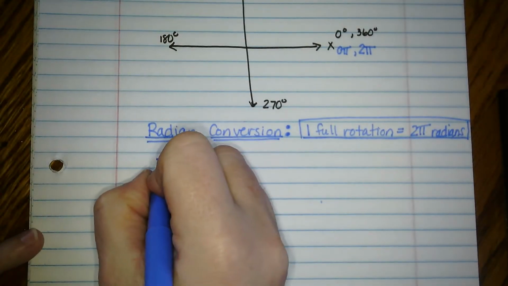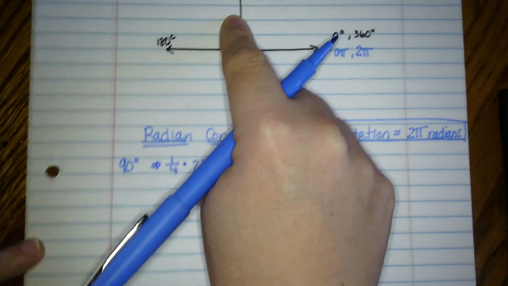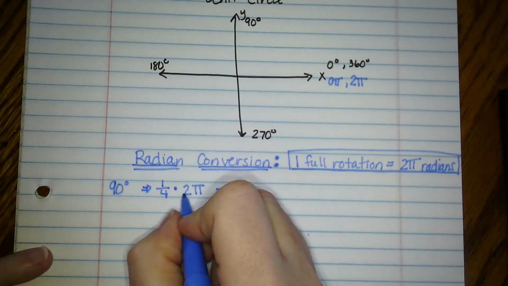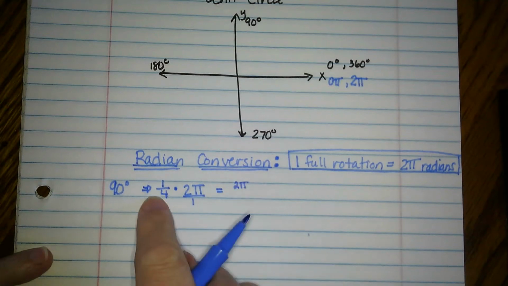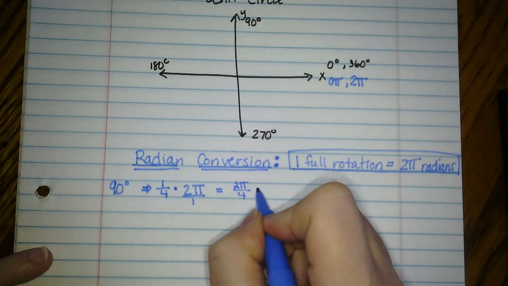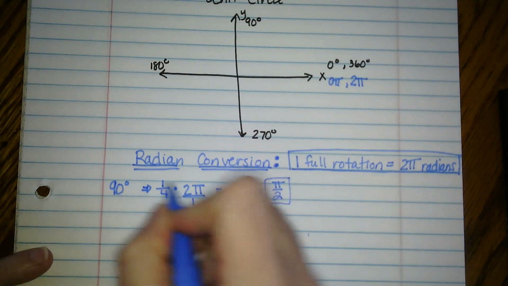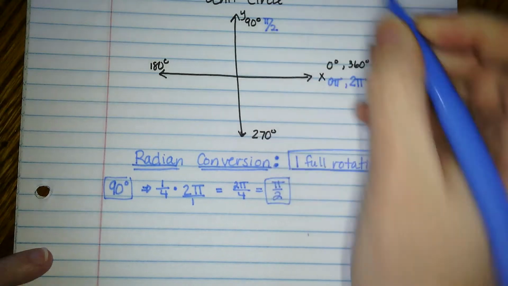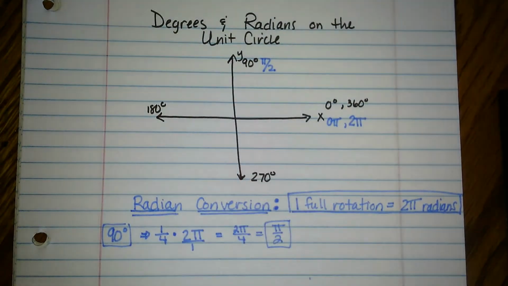This is what 90 degrees would be. It is 1/4 of the way around the circle. And in order to do this, I would put my 2 pi over 1 and get 2 pi on top. 1 times 2 pi is 2 pi, and 4 times 1 is 4. And reduce, and that gives me pi over 2. So pi over 2 matches my 90 degrees, and that is my radian measure for 90.